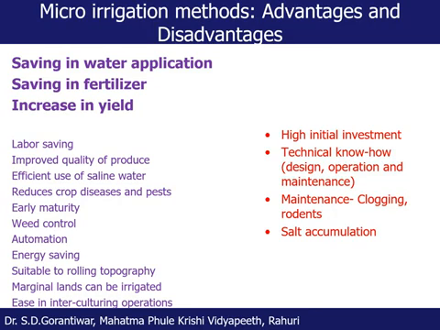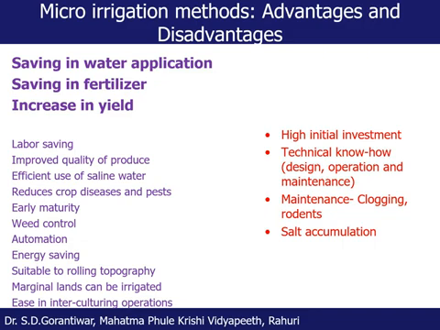Again, just to list those out: we can save water, we can save fertilizer, we can enhance the yield, we can save labor, we get improved quality of produce, we can use saline water as well. There is less infection of crop pests and diseases. We can shorten the crop growing season, then less weed, more chances of automation, then we can save energy.